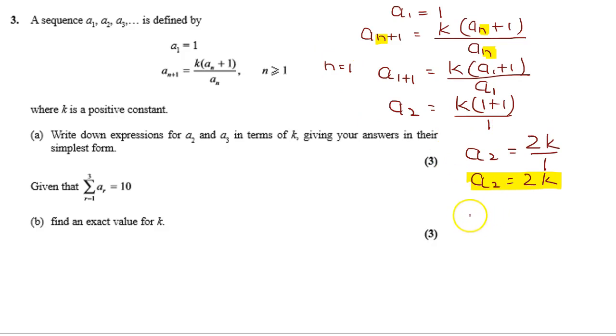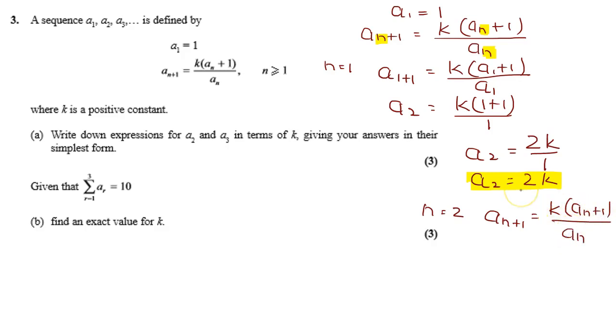Now we write n is equal to 2. a(n+1) is equal to k (an plus 1) over an. Now I am replacing all this n by 2. So it will be a(2+1) is equal to k (a2 plus 1) over a2.